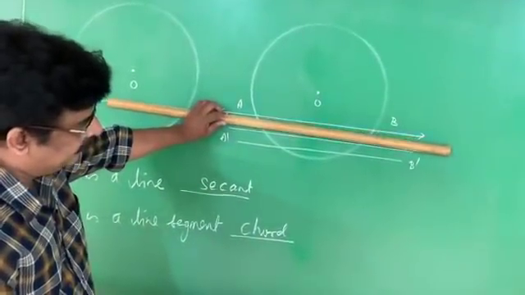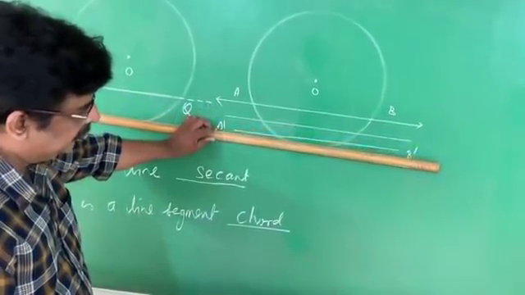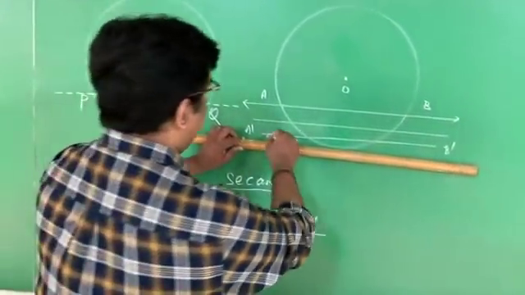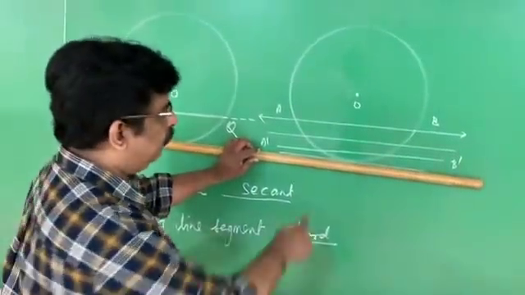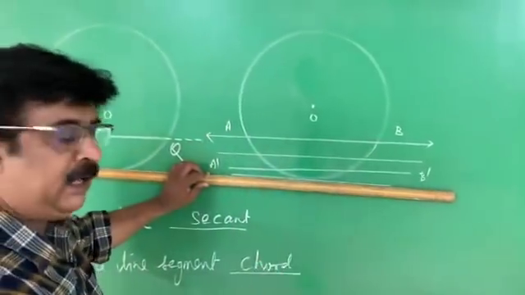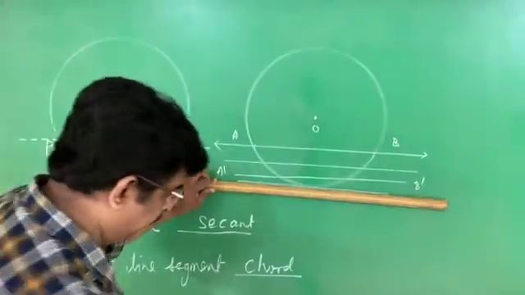See, this is a secant. This is the secant. Now it becomes a tangent. The secant, when it moves away from the circle, at one particular point, both the intersecting points coincide and become one point. When it becomes one point, we can say that it is a tangent. I repeat it again.